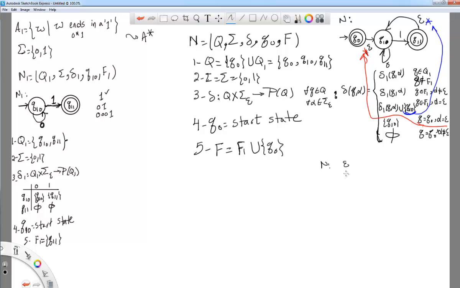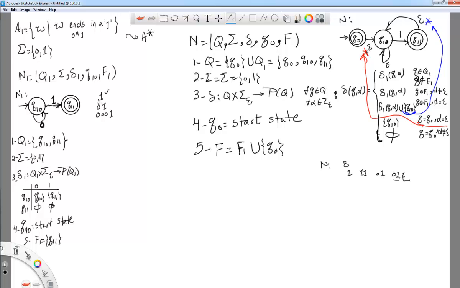So it also recognizes a 1, it recognizes a 1 1, it recognizes a 0 1, it recognizes a 0 1 1, and so on and so forth. So if you have a string that can be split into strings that the original language recognizes, then this newly constructed machine will recognize those as well.